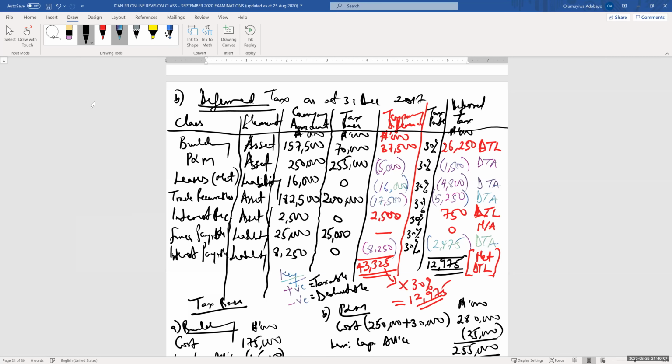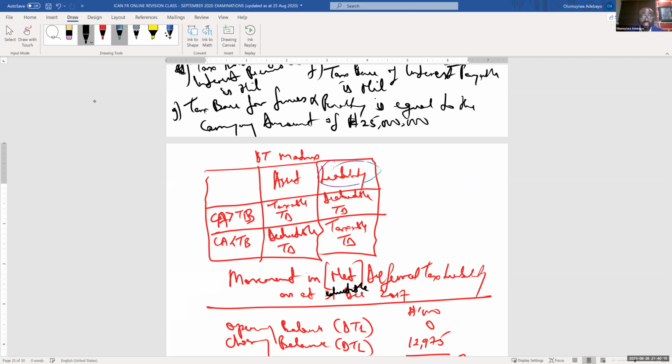If you go back to this my deferred tax matrix, when you have an asset, anytime the carrying amount is greater than tax base, we say it is taxable. Anytime the carrying amount is less, which is negative, we say it is deductible. And this two is for assets.